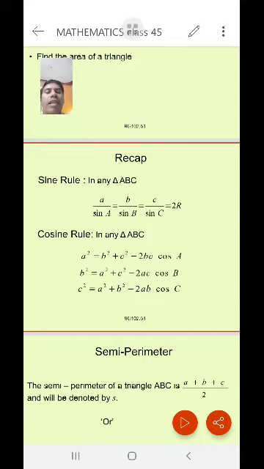In any triangle ABC, a square equals b square plus c square minus 2bc cos A, and b square equals a square plus c square minus 2ac cos B, and c square equals a square plus b square minus 2ab cos C.